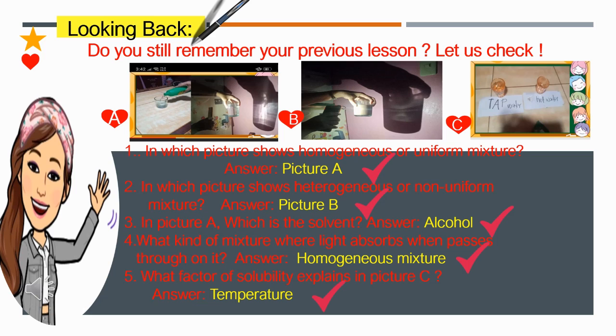Picture B. Question number 3. In picture A, which is the solvent? Correct. Alcohol. Number 4. What kind of mixture is it where light is absorbed when it passes through it? Correct. Homogeneous mixture. Question number 5. What factor of solubility is explained in picture C? Correct. Temperature. Congratulations, children!